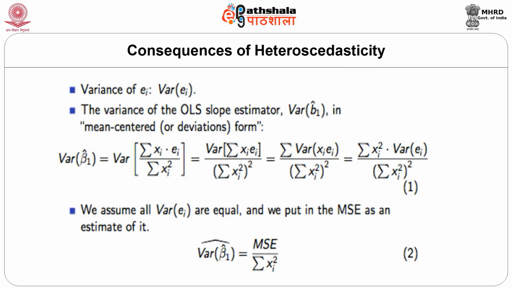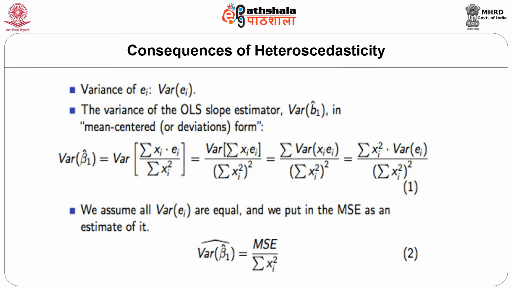Then the variance of the ordinary least square slope estimator, variance of beta 1 hat, is of the form variance of summation xi times ei divided by summation xi square, which now equals variance of summation xi ei divided by summation xi square whole square.